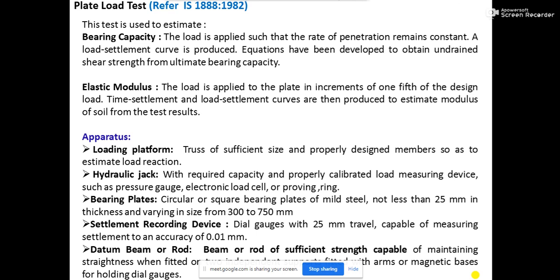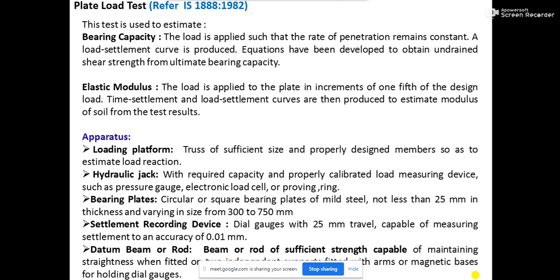You can find the elastic modulus of soil using the plate load test also, because once you have this load settlement curve, it is just like the stress versus strain curve you plot for a steel test in the UTM, universal testing machine, which you learned in your strength of materials course.